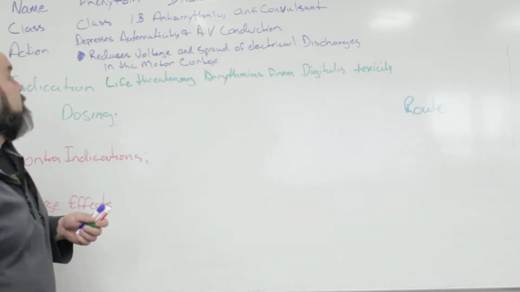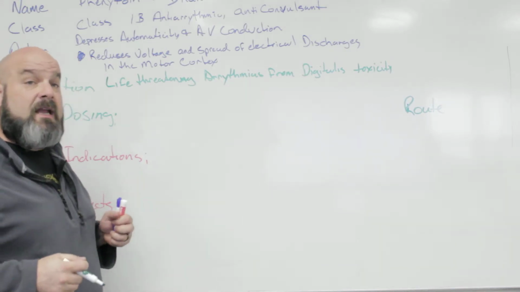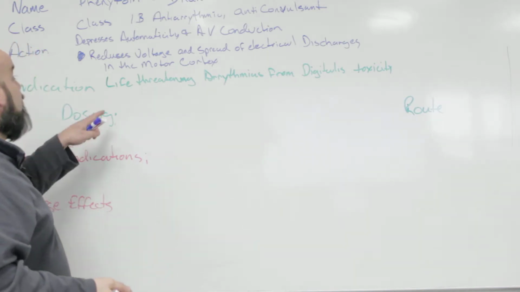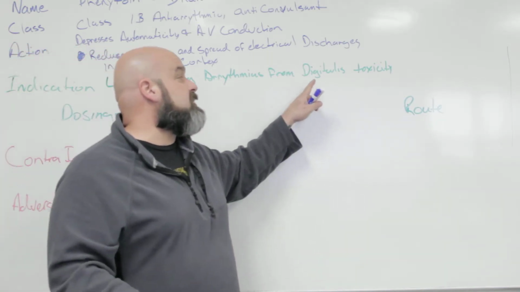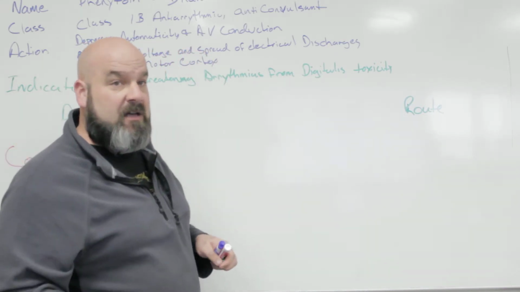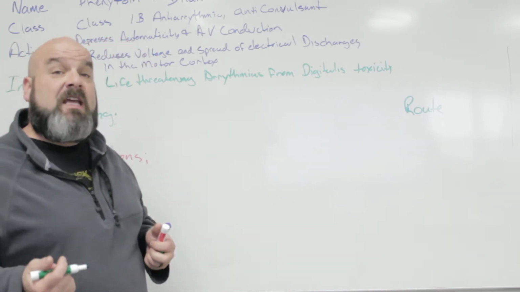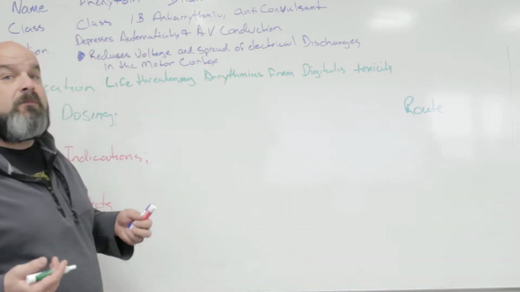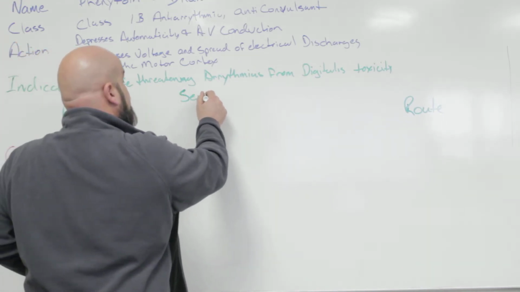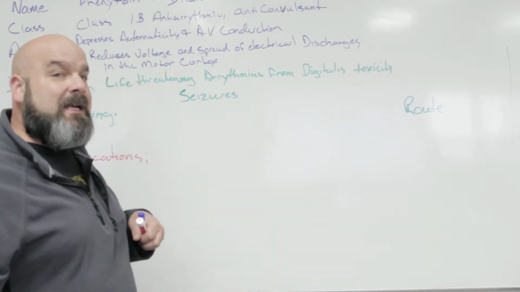Okay, so this is going to be in the clinical or hospital setting, but for the cardiac purposes on this drug, we are going to give it for life-threatening arrhythmias from digitalis toxicity. We'll talk about the digitalis toxicity here in just a second. Now for the flip side of this, for the anticonvulsant, we're going to give this for what? Right, for seizures. That is what we're going to see it for almost 90% of the time.